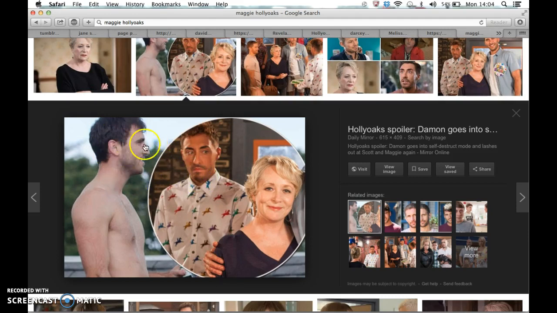Now, this Damon guy, he's Scott's brother, and he's not happy about this whole situation because he thinks she should have Scott in her life, and he doesn't want anything to do with her until she includes Scott in her life.